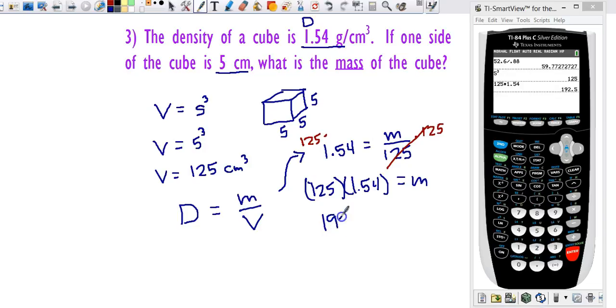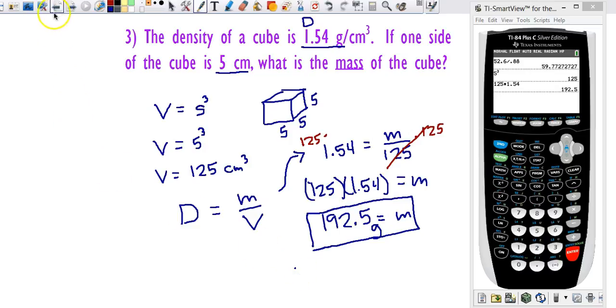And what are the units on that? Well, the units are grams. All right, the density was grams per cubic centimeters. The volume was in cubic centimeters, so the mass is going to be in grams. So I'm going to put a little g there. And there's my answer, 192.5 grams.